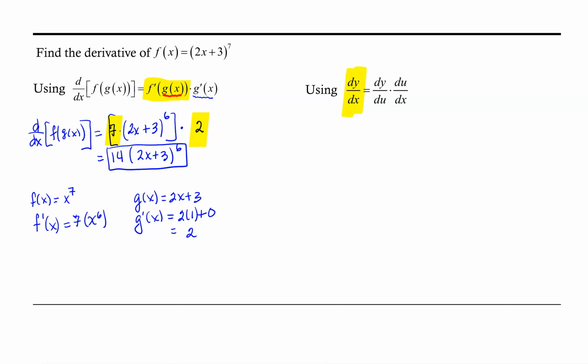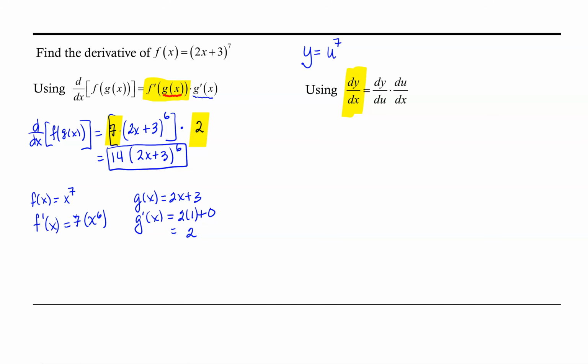In this interpretation, we're going to decompose our function a little differently. We're going to start by calling our outer function y, and instead of saying this is x to the 7th like we did with the Lagrange notation, we're going to introduce a new variable u, and we're going to say that y is equal to u to the 7th.